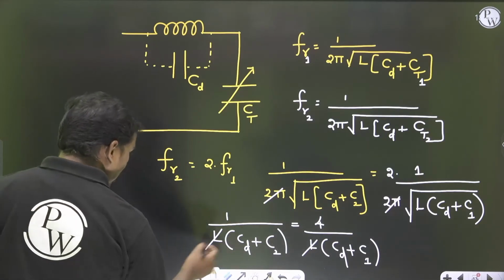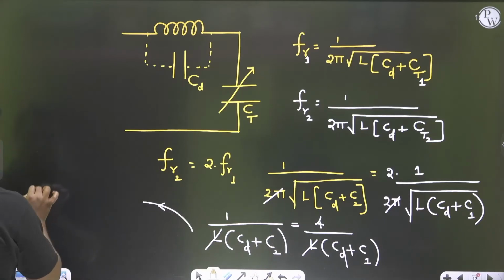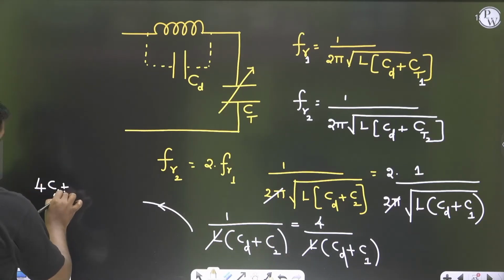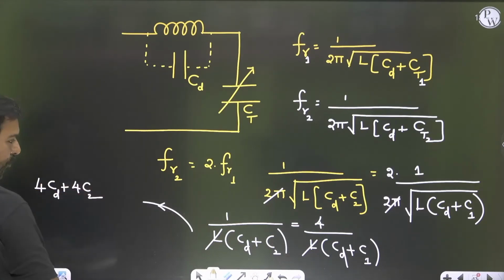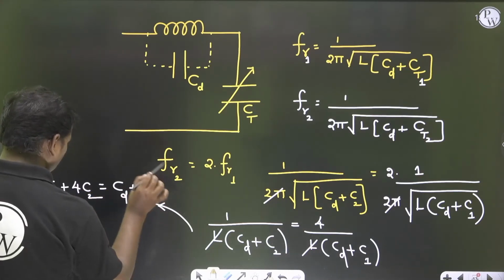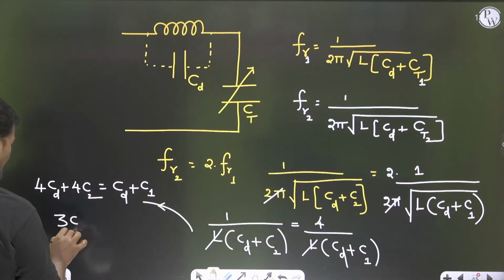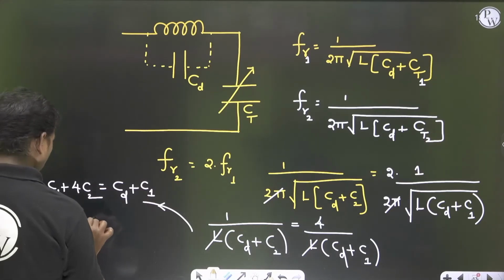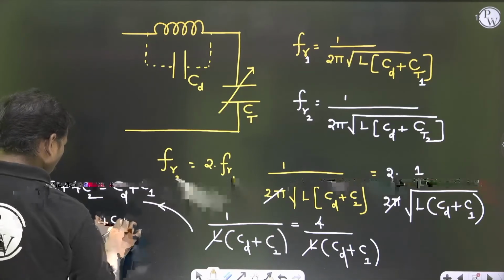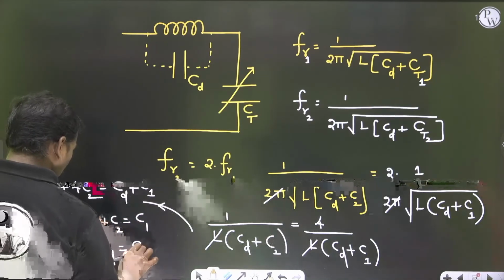So I want the distributed capacitance, right? Write it as CD plus CT2 equals 4 CD plus 4 CT1. So if I want CD, then CD is equal to CT2 minus 4 CT1 divided by 3.